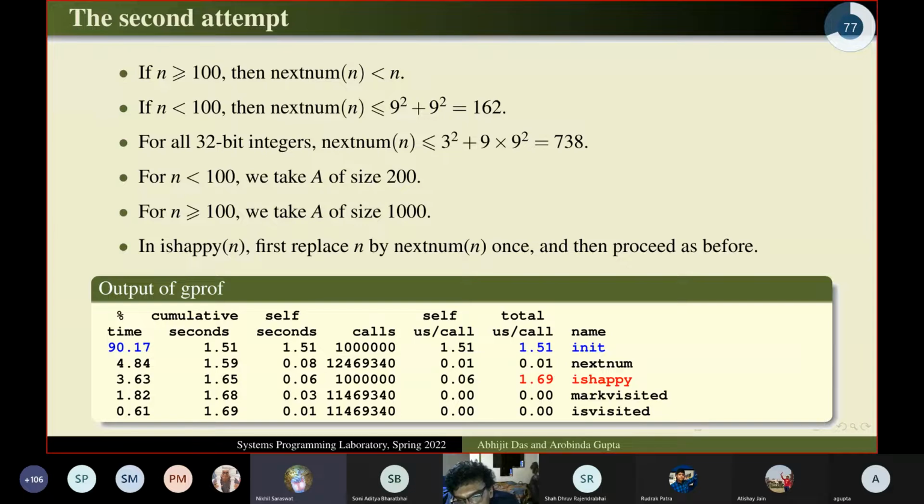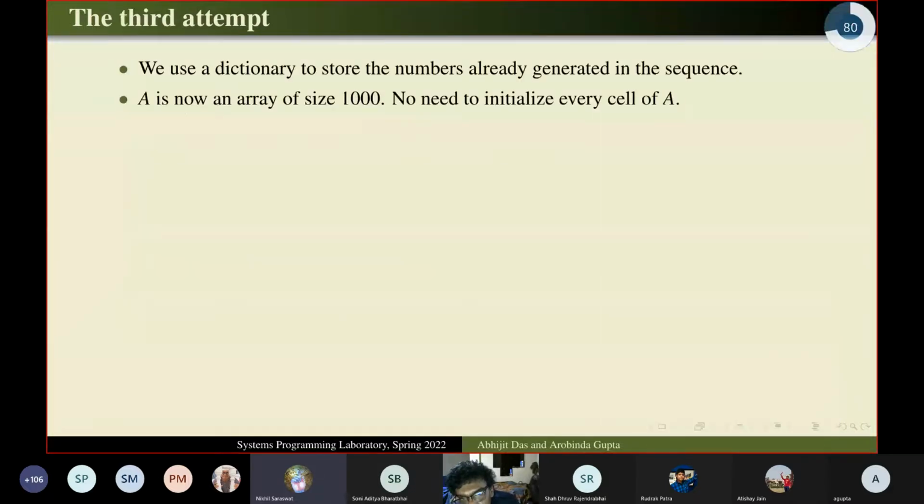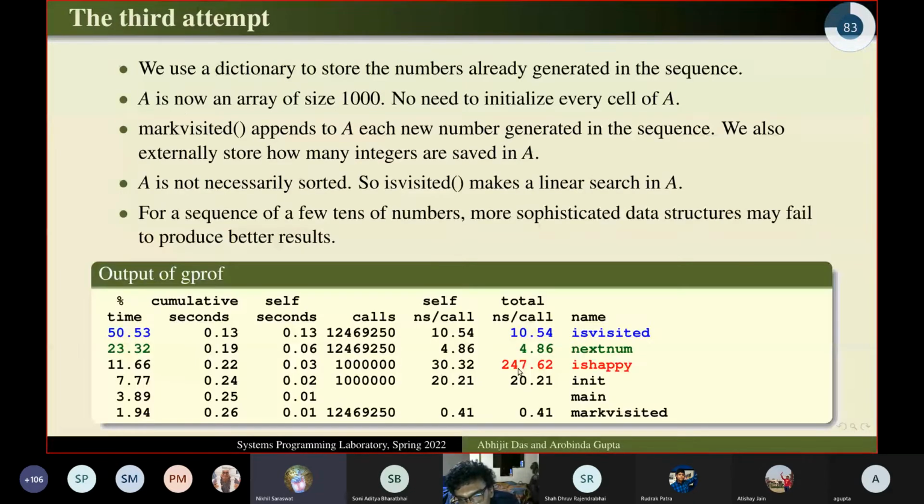It was 1690 nanosecond, and instead of 1690, it is 247 nanosecond. That's something like 6-7 fold improvement. Not 8, 7, 6 point something. Anyway, whatever it is, it's already a very significant improvement.